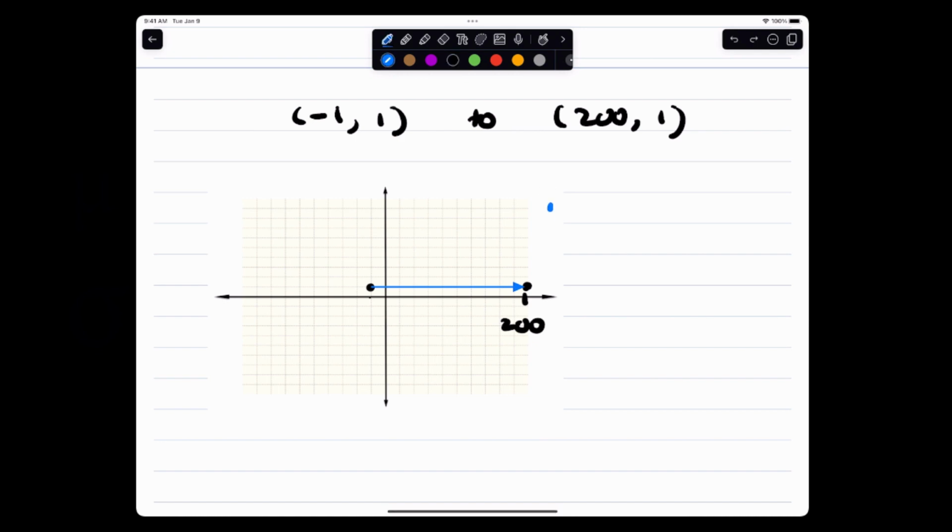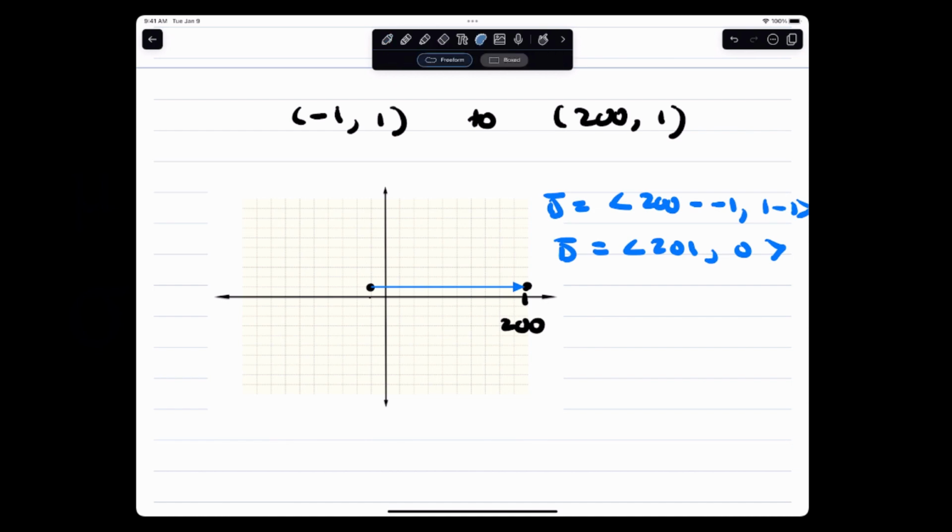Let's find D. The distance traveled here will be 200 minus negative 1, and then 1 minus 1. So the D vector will be 201 because that is plus, and then it'll be 0.